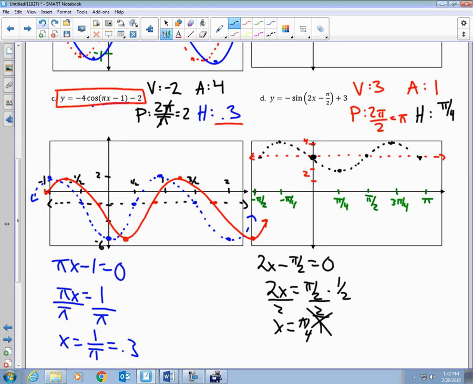It's not my real graph. Now I can make my real graph. I shift everything one tick mark, pi over 4. All these points move over one tick mark.